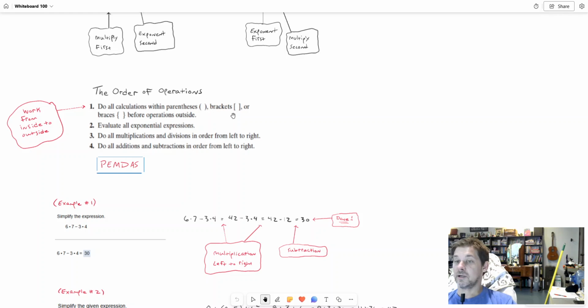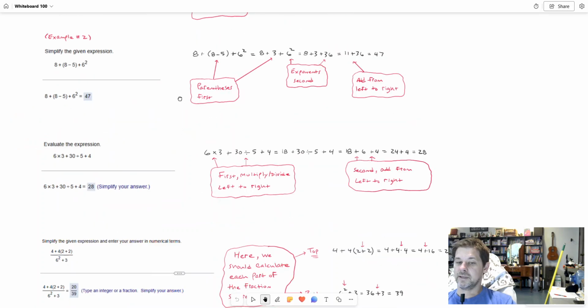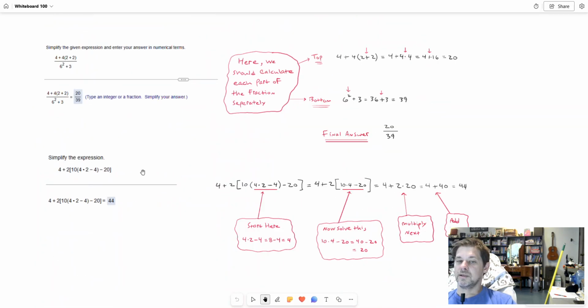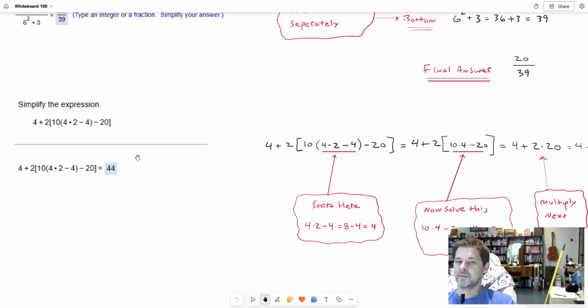Okay, so like the last problem, it has a set of parentheses right here, 4 times 2 minus 4, but then another set out there where it's a bracket. Now a bracket and a parentheses are no different. It's just that if we have this layer be parentheses and that layer be brackets, they tend not to run together as easily as if you just saw parentheses everywhere. But they're treated the same.